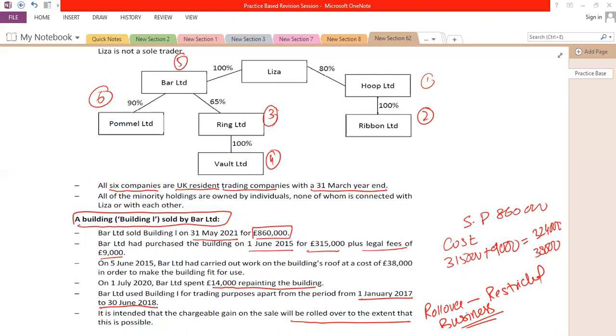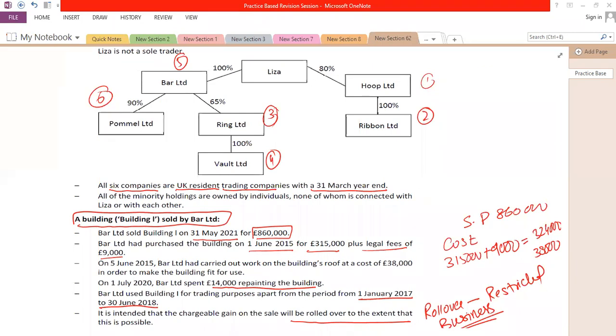So when you are trying to formulate a group, exclude this Vault Limited because it has no output tax. It is only having input tax, so that company can claim on a monthly basis, on a quarterly basis, other than the other group companies. And those companies are having the major intra-group transactions.